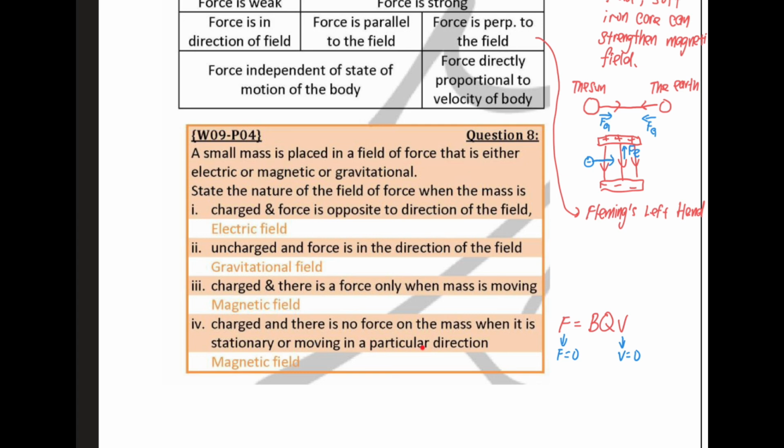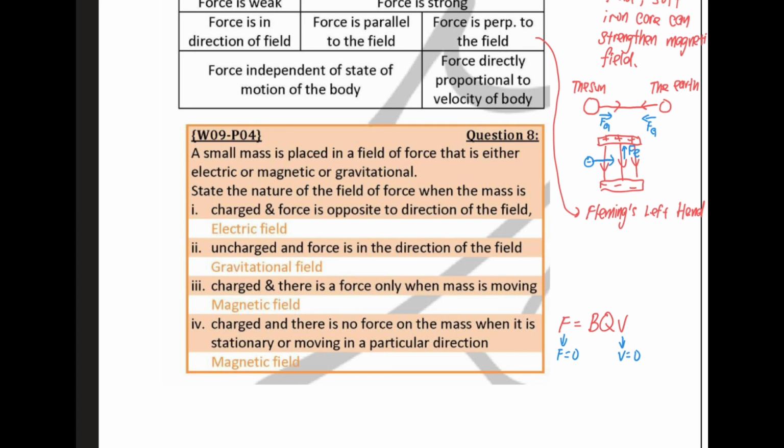But if the motion and the magnetic field are parallel, in the same direction or opposite direction, then there will be no magnetic force. So when they are moving in a particular direction, like parallel to the magnetic field, there is no magnetic force.